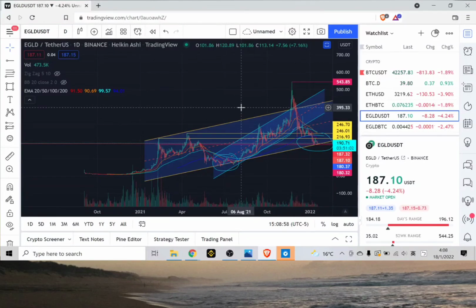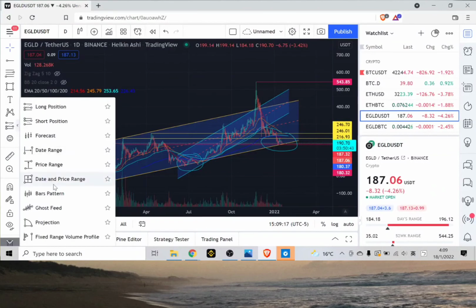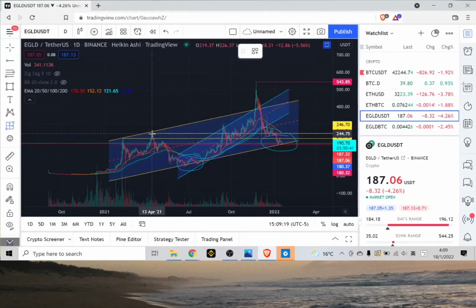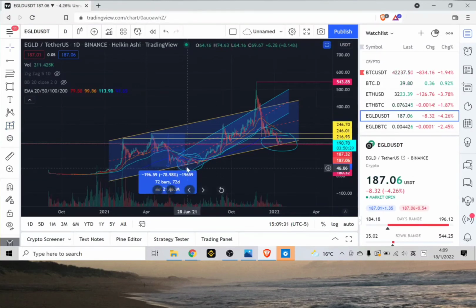Because pattern always repeat itself in price action, when I study chart and when I learn from the others, it is more likely this pattern will be happening again. So last time we went from here, so let me see, data range, we went from the high from here to the low of 53.